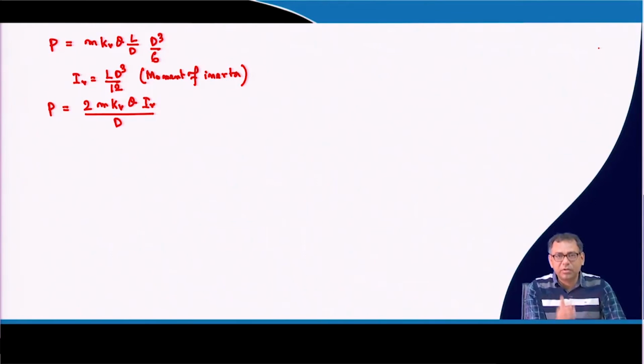So, that total reaction force of the soil is P, and that P we have determined, and because of that P there will be a friction between the soil and the side wall, and that friction is P into mu dash.